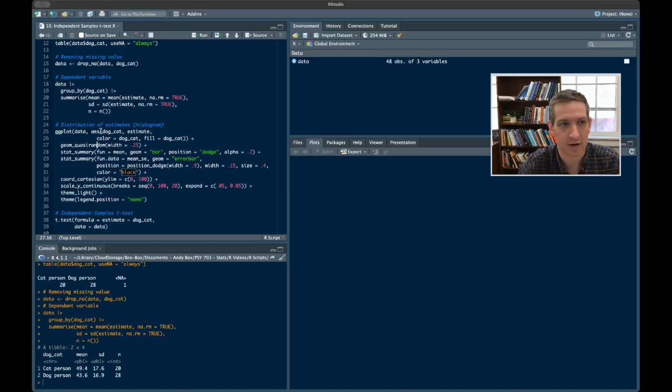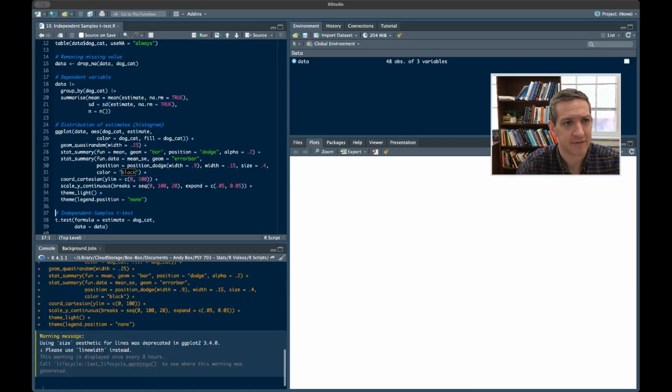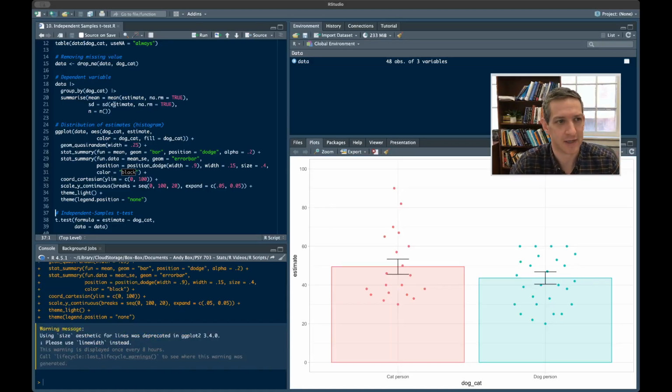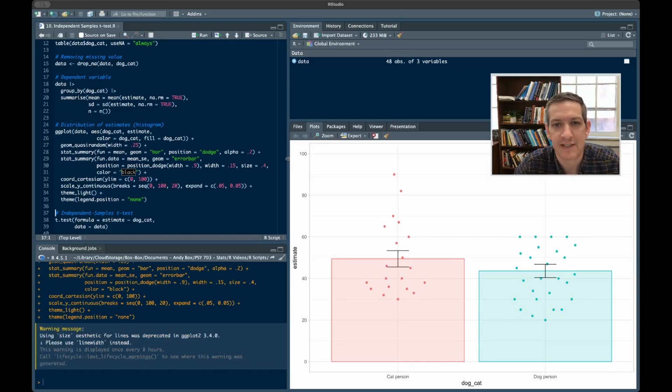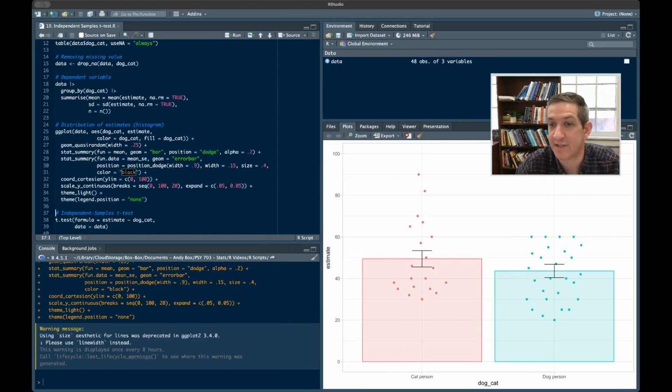So without getting into the R code, you could update the variable names here as needed, but this code produces a plot that gives us a pretty reasonable overview of the distribution in each group, and also the mean level in each group. So the height of the bars here indicate the average. And you can see it looks like cat people maybe have a slightly higher average than the dog people.